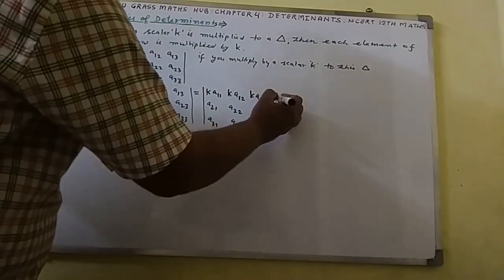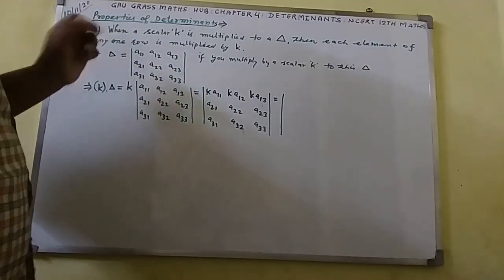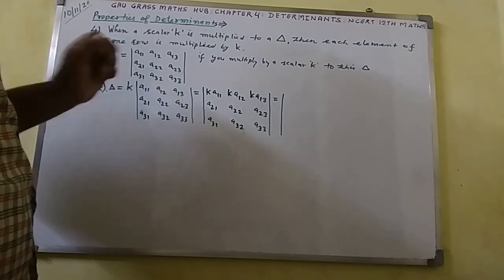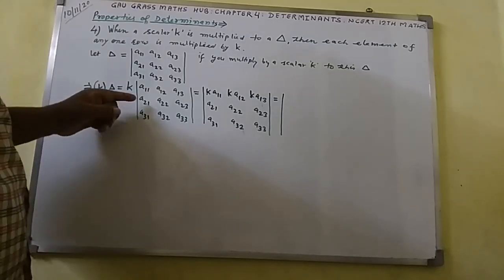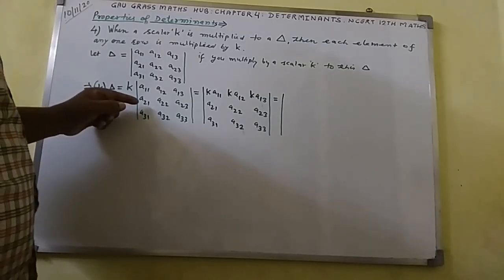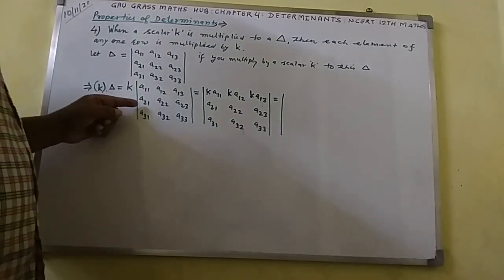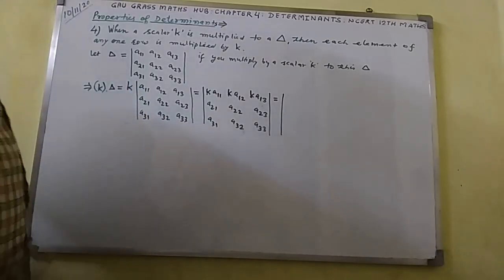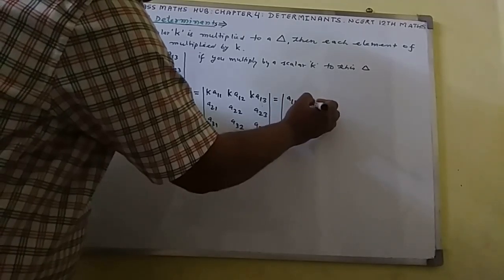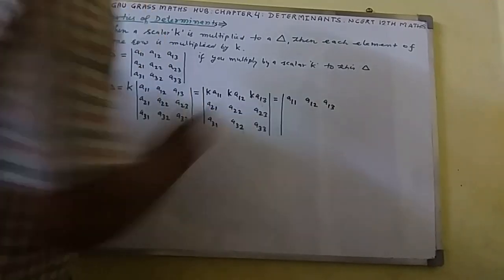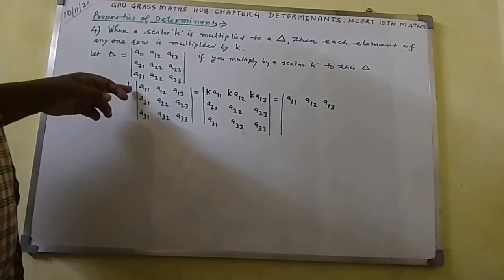Now another form can be any one row. So here I have taken first row. Each element is multiplied by k, the scalar. Now here I shall take second row. In this case also, when I take second row, each element of second row will be multiplied by the scalar. The result will be A11, A12, A13. Now each element of second row will multiply by k.